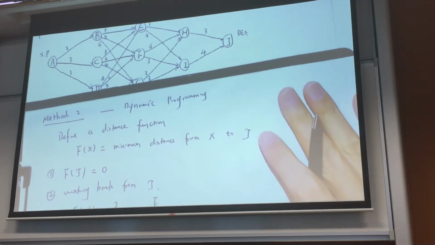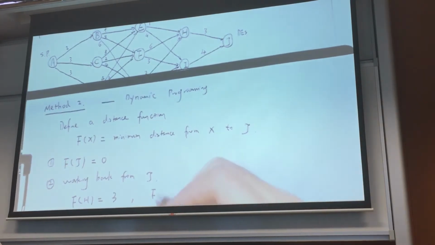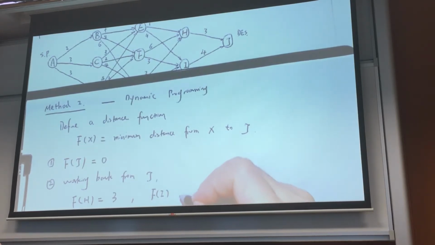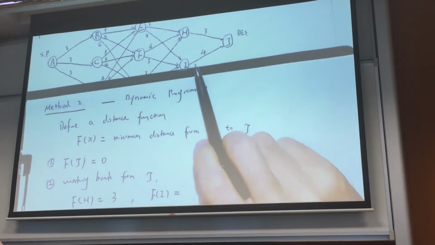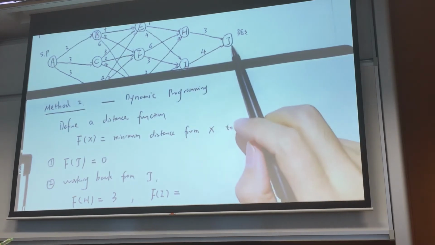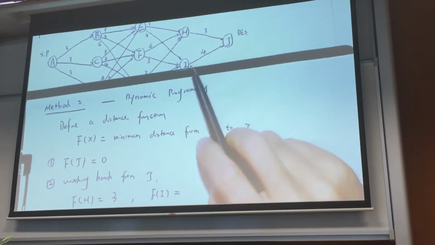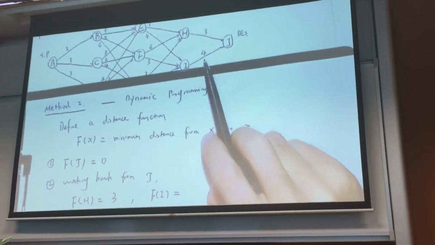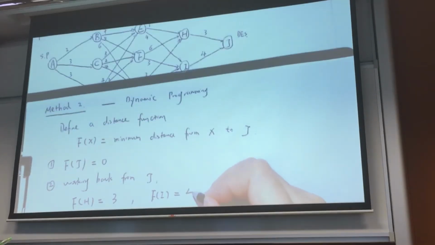And from I to J there is also only one route, and the distance is 4.